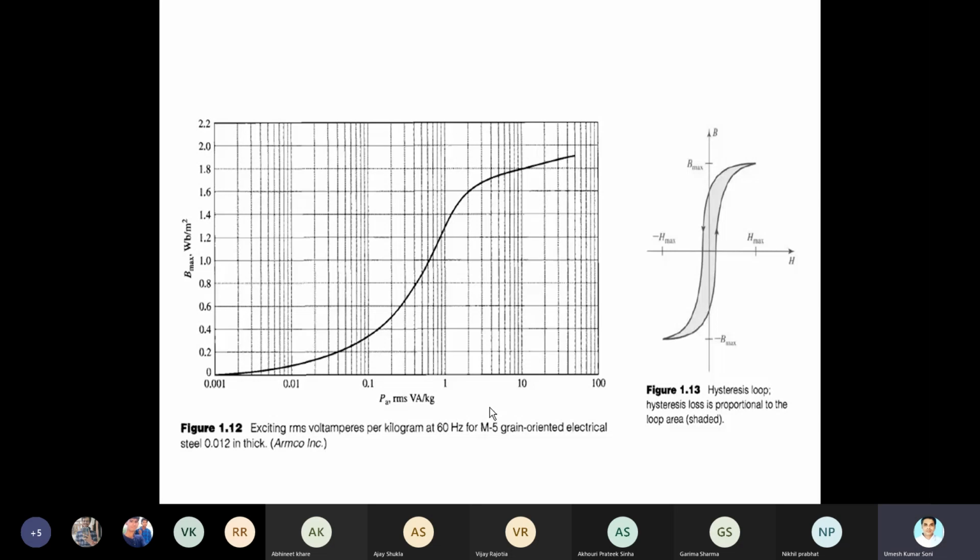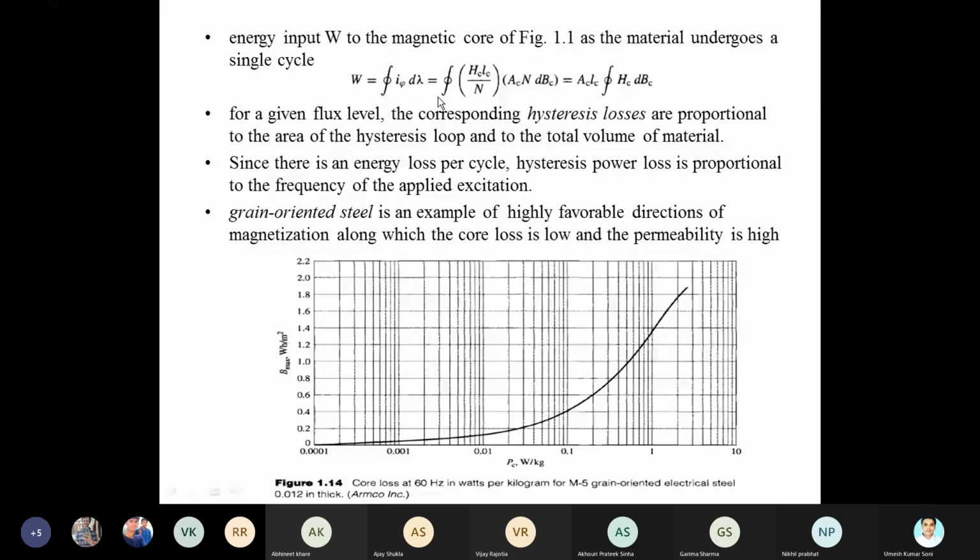So we have no benefit after a certain range. You can see here the hysteresis loss is proportional to the area of the hysteresis loop. Okay, it will depend on how much area there is, the hysteresis loss. Okay, so the energy input to the magnetic core is given by this equation. Now some examples are there.